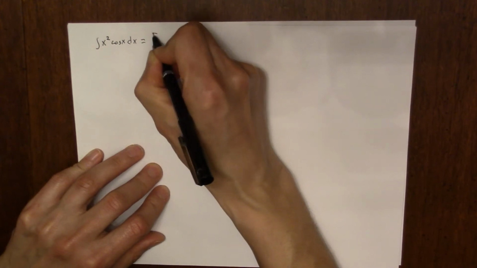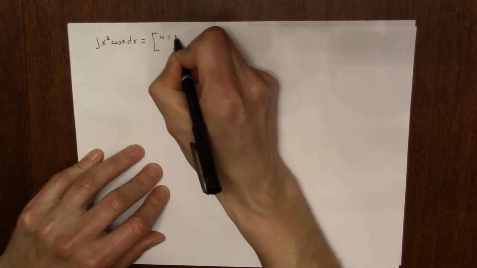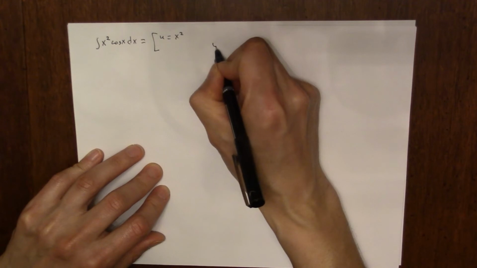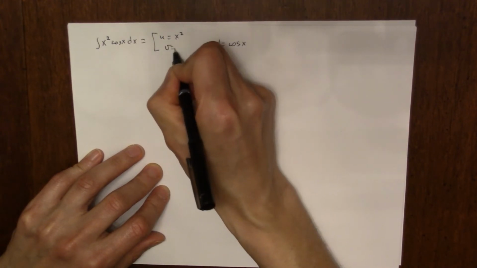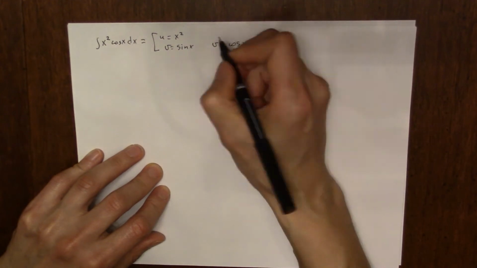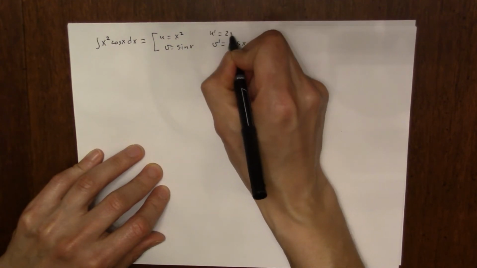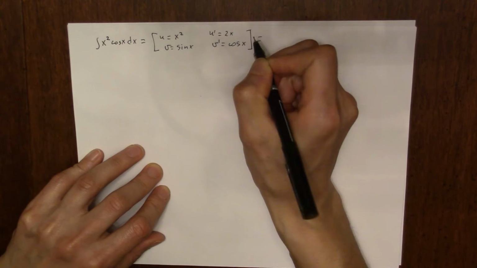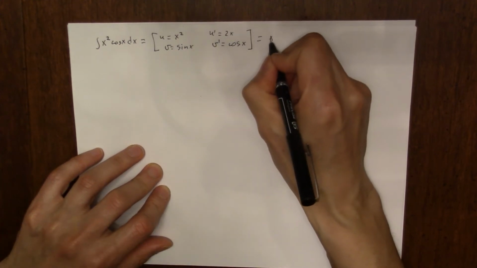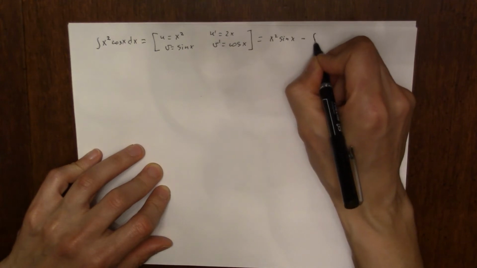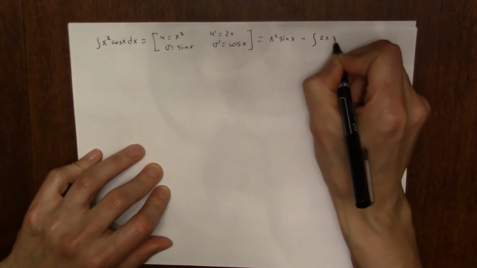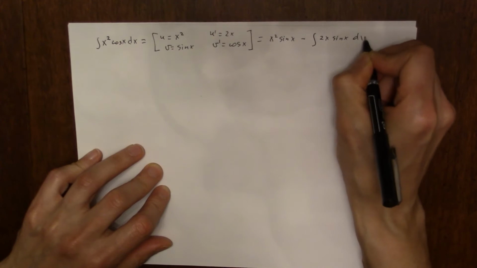So we do integration by parts. u equals x squared, v prime equals cosine x, v equals sine x, u prime equals 2x. So we're going to get uv, x squared sine x, minus integral 2x times sine x dx.